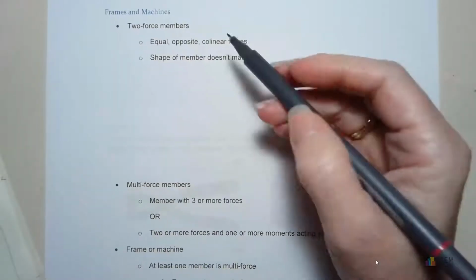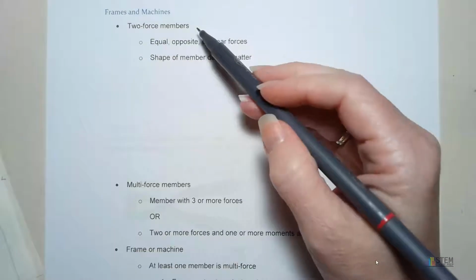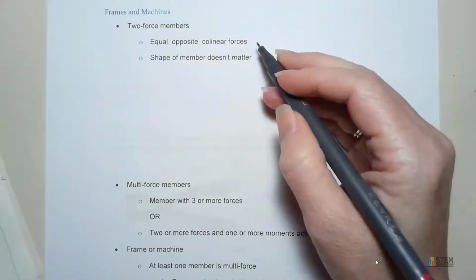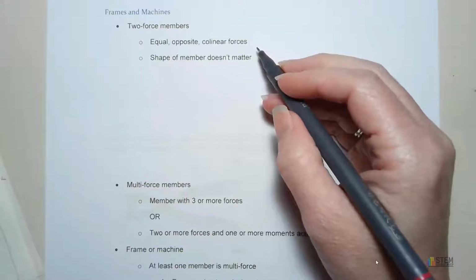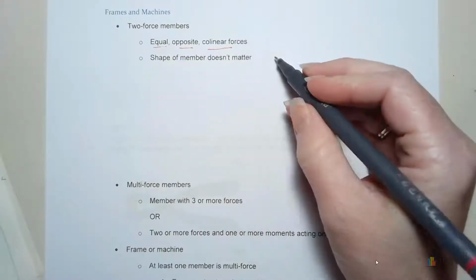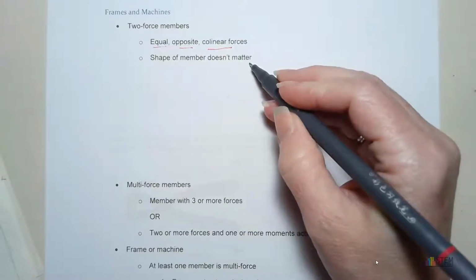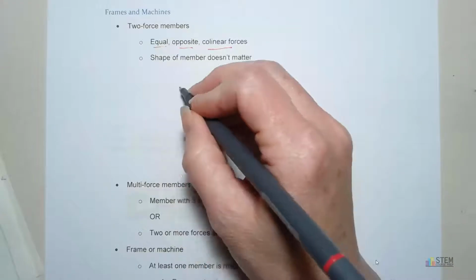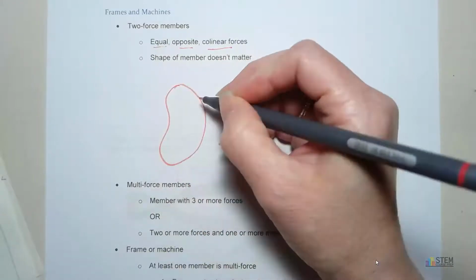To get started, we're going to talk about two force members again. We talked about these when we did the truss problems. And remember, a two force member is a member that has equal, opposite, and collinear forces. Now the shape of the member is not going to matter. So I could have a shape like this.